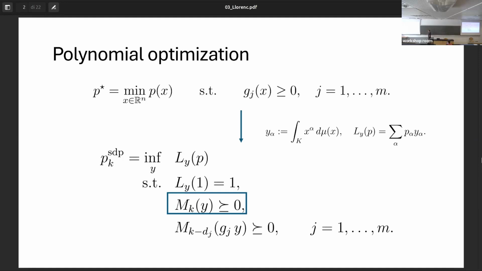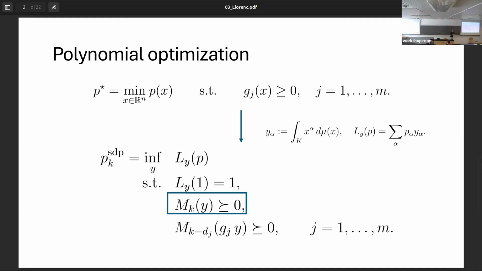And this allows us to rewrite the original problem into a sequence of semi-definite programs. So this measure defines these y's, and these y's allow us to write this p star as the infimum over this sequence of moments, where L of y is linear, so we linearize the polynomial.